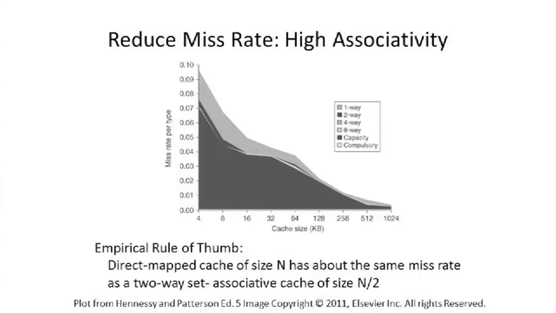So let's look at the rule of thumb here. The rule of thumb basically says a direct mapped cache of size n has about the same miss rate as a 2-way set associative cache of size n over 2. That sounds crazy good. How is that possible? It means we should always go with at least 2-way set associative caches. But let's look at this graph and see if this actually works.